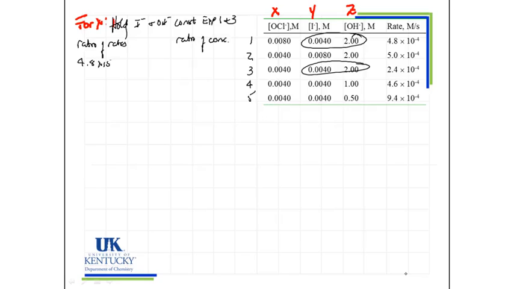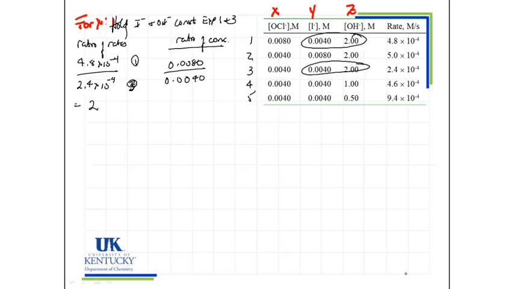4.8 times 10 to the minus 4, that was experiment 1, divided by 2.4 times 10 to the minus 4, that's experiment 3, and that gives me a value of 2. Ratio of concentrations. We have, for experiment 1, 0.0080, and for experiment 3, it's 0.0040.